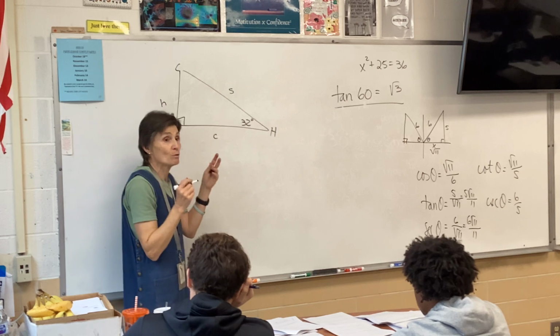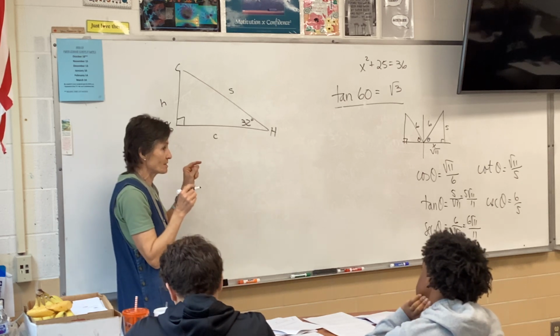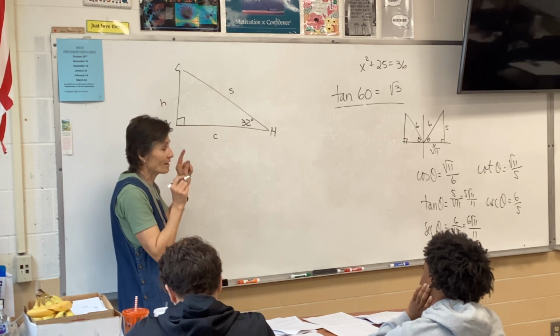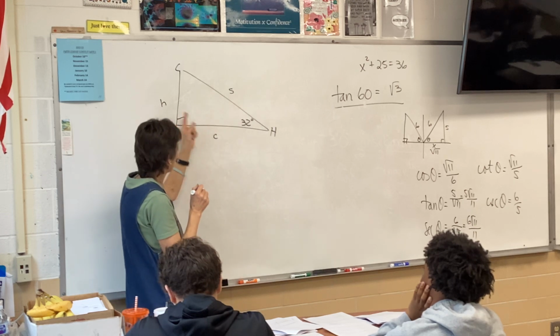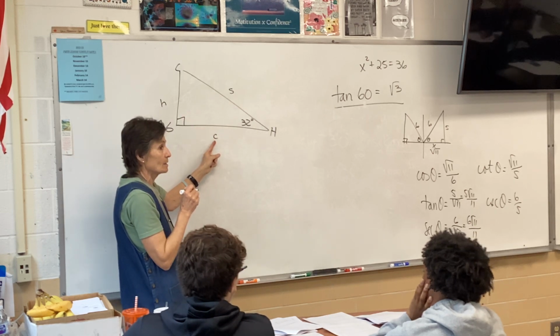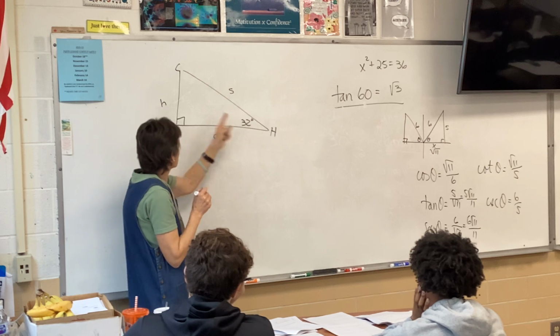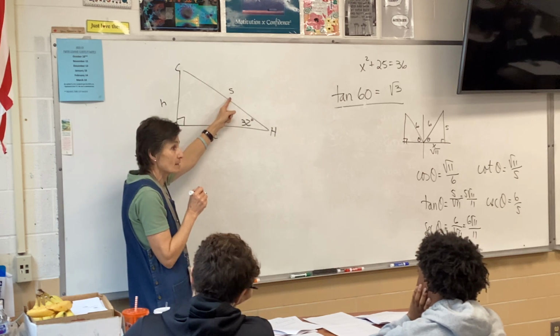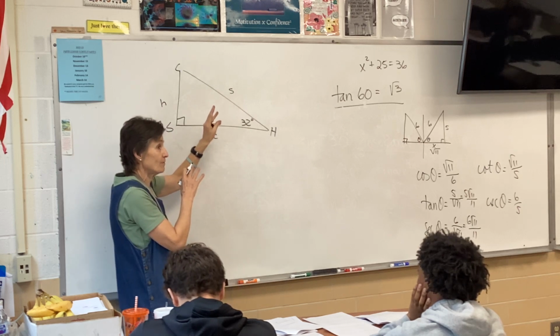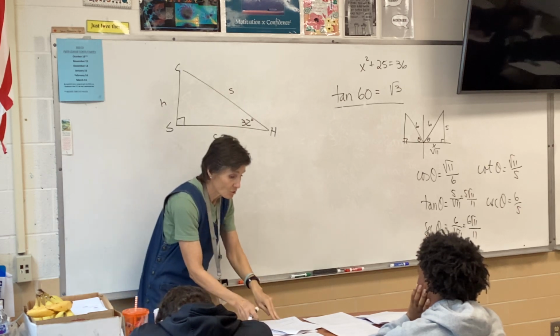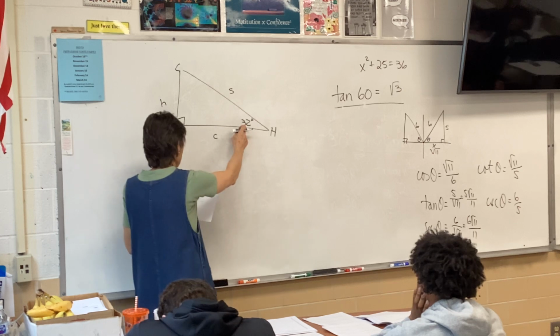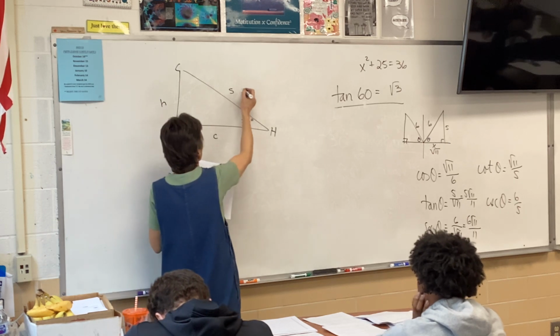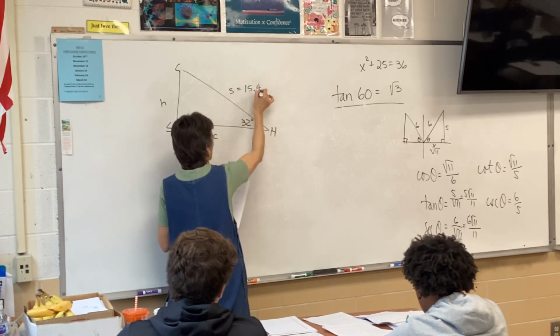Now I tried to be clever with CHS, but the capitals and lowercase are kind of hard to distinguish. These are lowercase letters, okay? This is a little c and this is a little s. That's how they're configured.